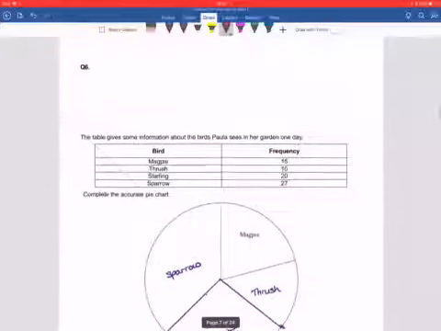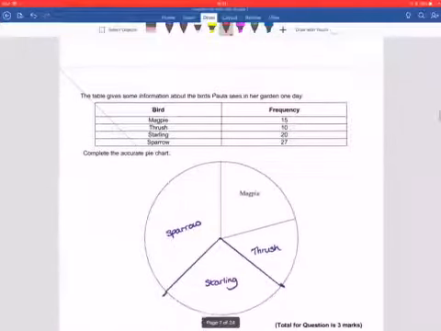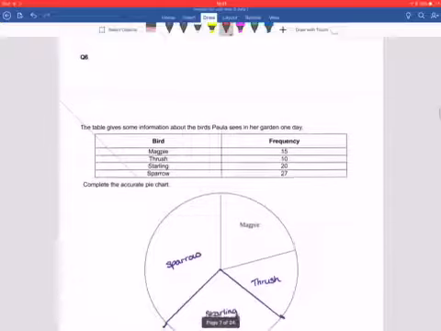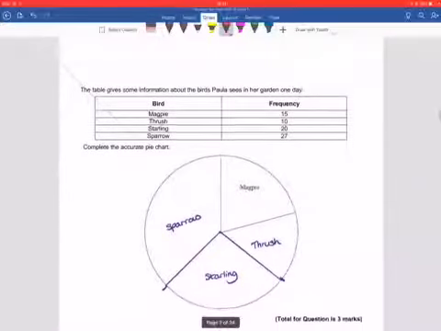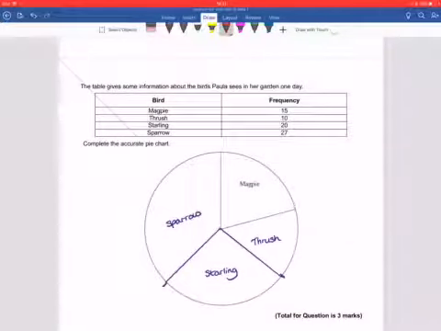Okay, next one. Now I've actually drawn these in beforehand, so I'm going to go through it. The table gives some information about the birds in her garden. You have to add up the frequency, and when you add them up, it comes to 72.